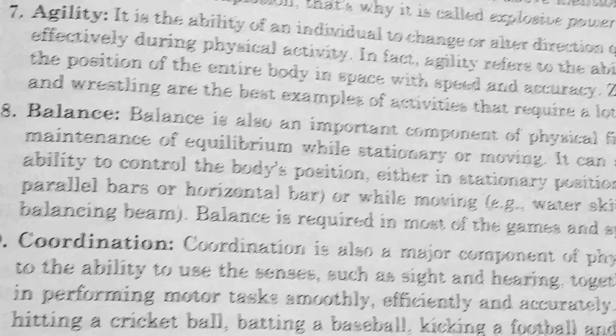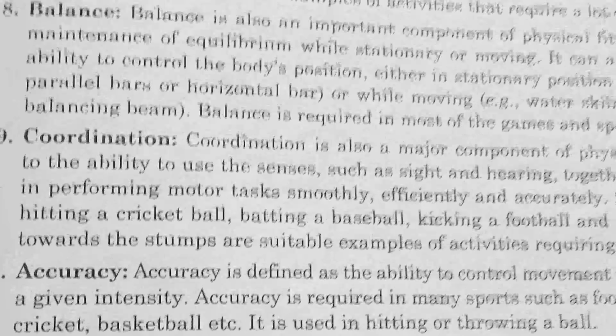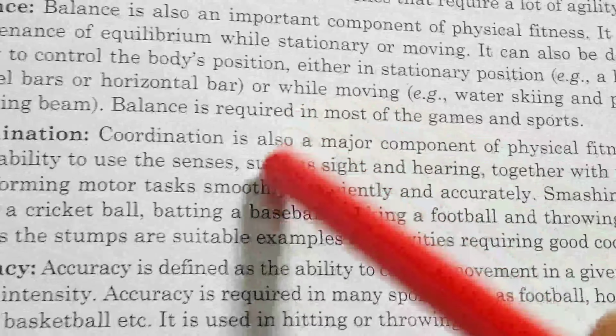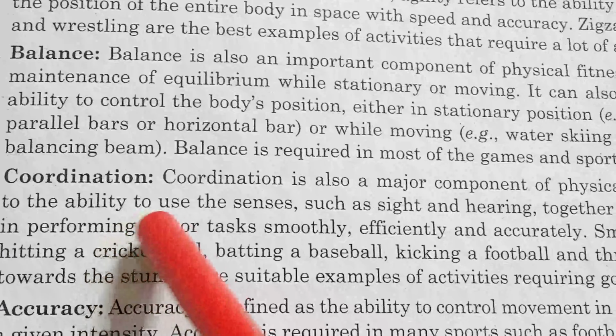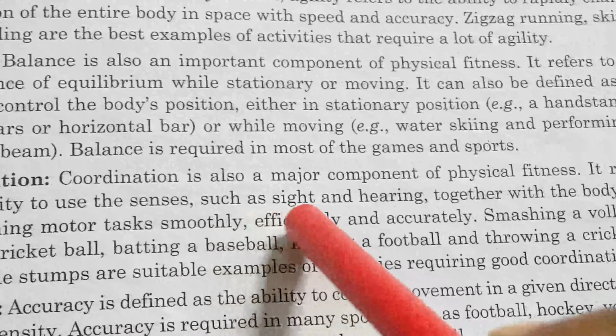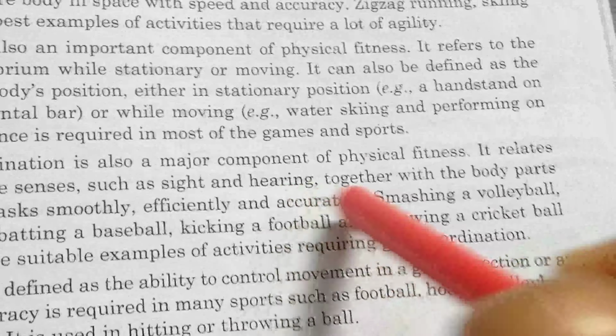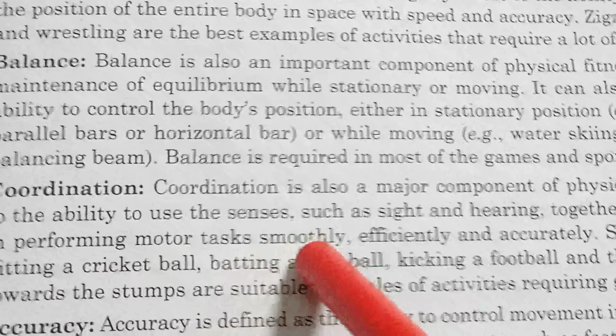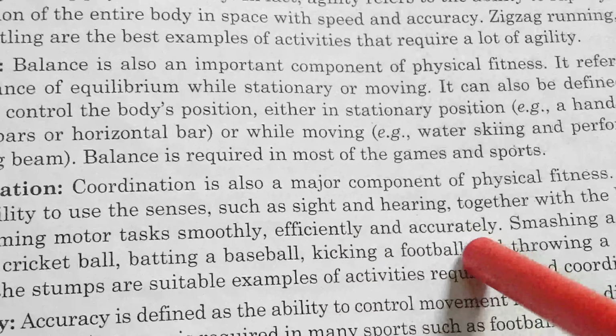Next, coordination. Coordination is also a major component of physical fitness. It relates to the ability to use the senses, such as sight and hearing, together with the body parts in performing motor tasks smoothly, efficiently, and accurately.